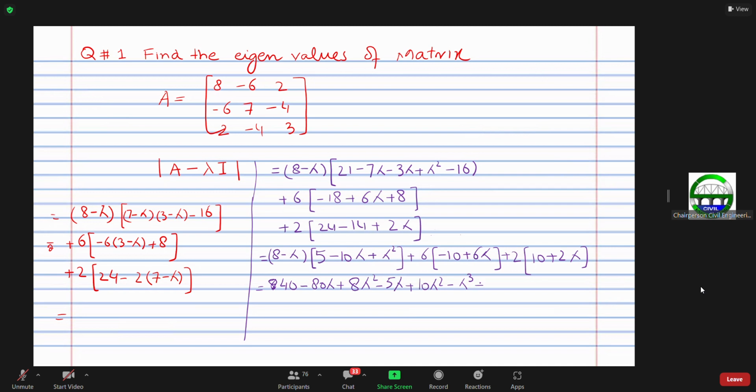Okay, plus 6 into this will be minus 60 plus 36 lambda, plus 20 plus 4 lambda.